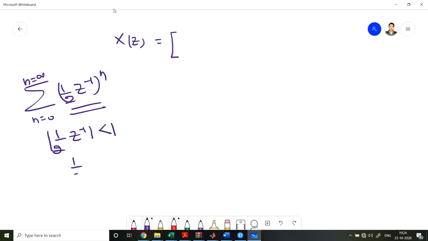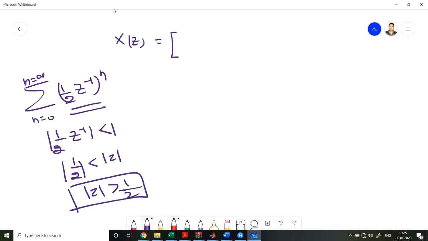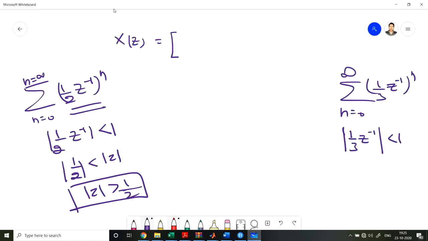So we get |1/2| less than |z|, that is, |z| greater than 1/2. This is the first ROC. The second one is summation n equals 0 to infinity (1/3 z inverse)^n. It should be |1/3 z inverse| less than 1, so |z| should be greater than 1/3.